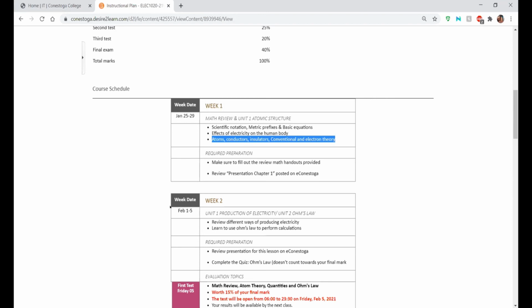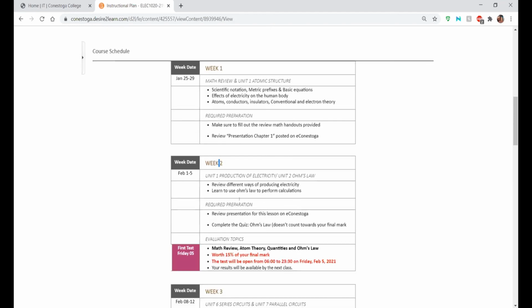Then during week 2, which is going to be February from the 1st to the 5th, we are going to cover in class some questions and answers on ideas that might not be clear from week 1. And then we are going to get into the different ways of producing electricity, and we are going to get into performing calculations.